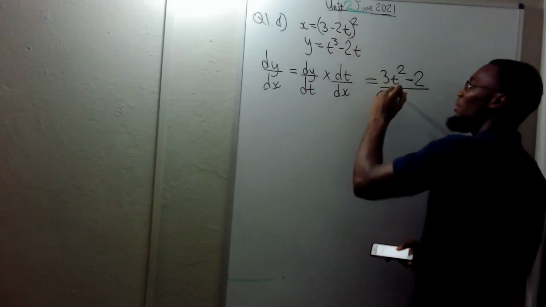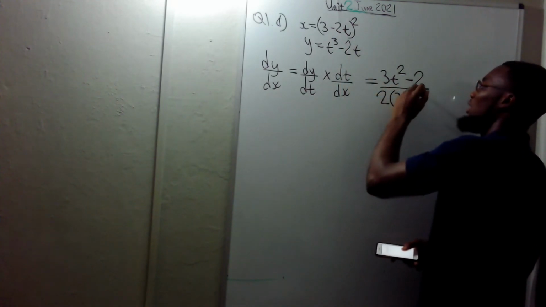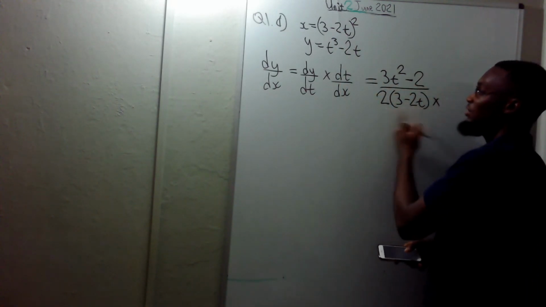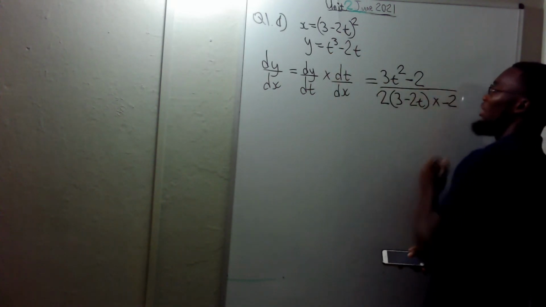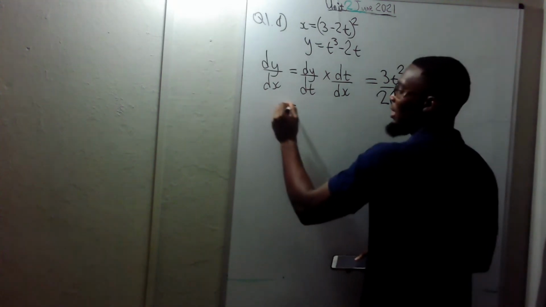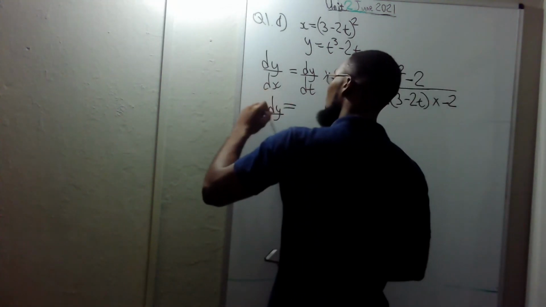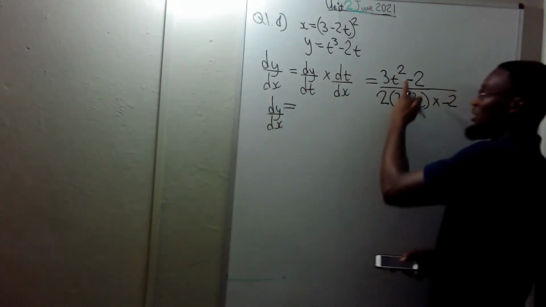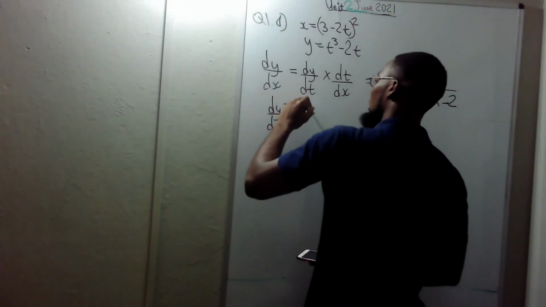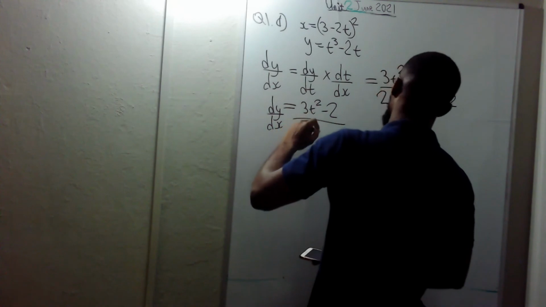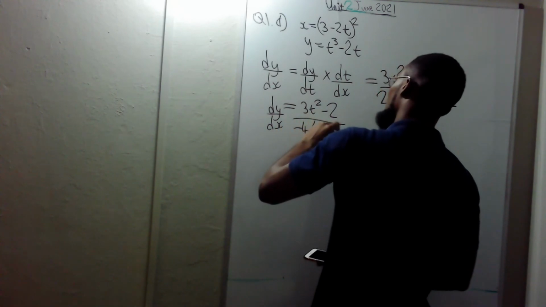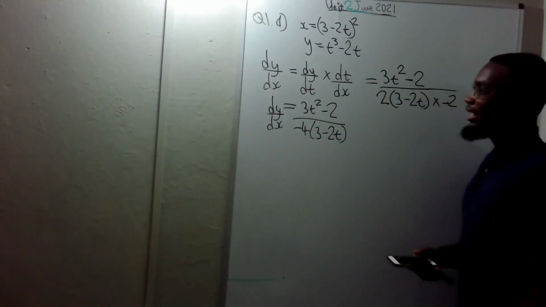We subtract 1 from the power, that's 3 minus 2t. Now multiply it by the derivative inside the bracket, which is negative 2. So finally, dy by dx works out to be 3t squared minus 2 over negative 4 in bracket 3 minus 2t. This is dy by dx.